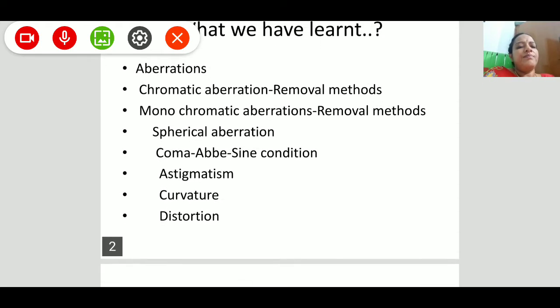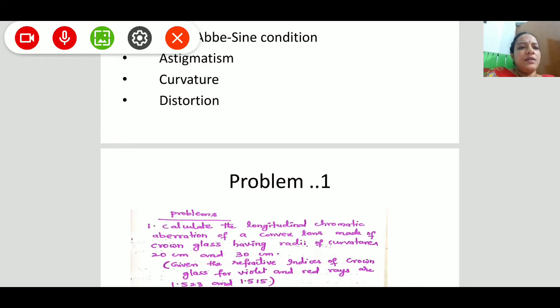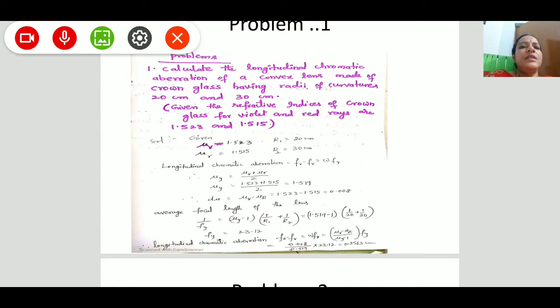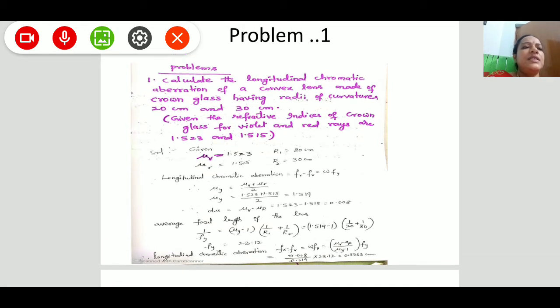So we have some formulas also in this lesson based upon these contents. Let us try to solve the first problem. As you are observing in this slide: calculate the longitudinal chromatic aberration of a convex lens made of crown glass having radii of curvature 20 centimeters and 30 centimeters.